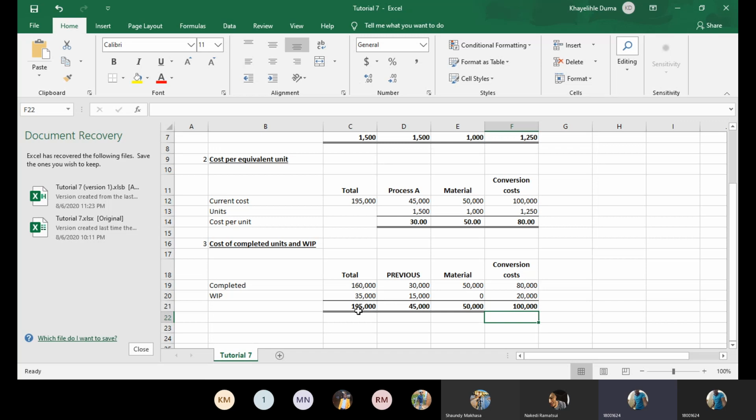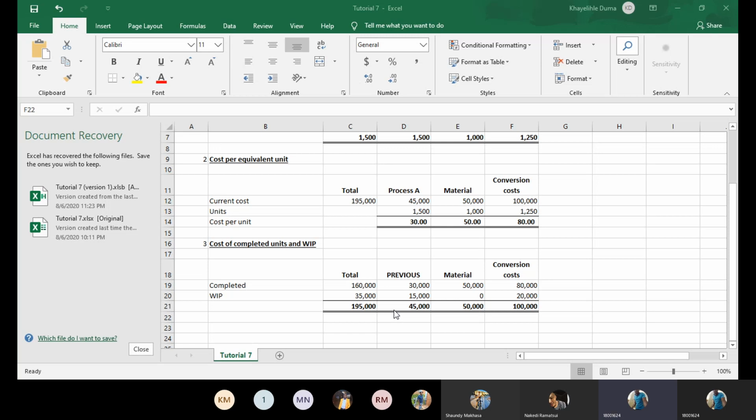Then adding the total, it's supposed to give you 100, and what happened? Oh, right. But on the other side, I'm still sharing. Okay, it's going to give you 195,000 right there. So cost per unit of the completed, I don't know what's happening, but it's happening.